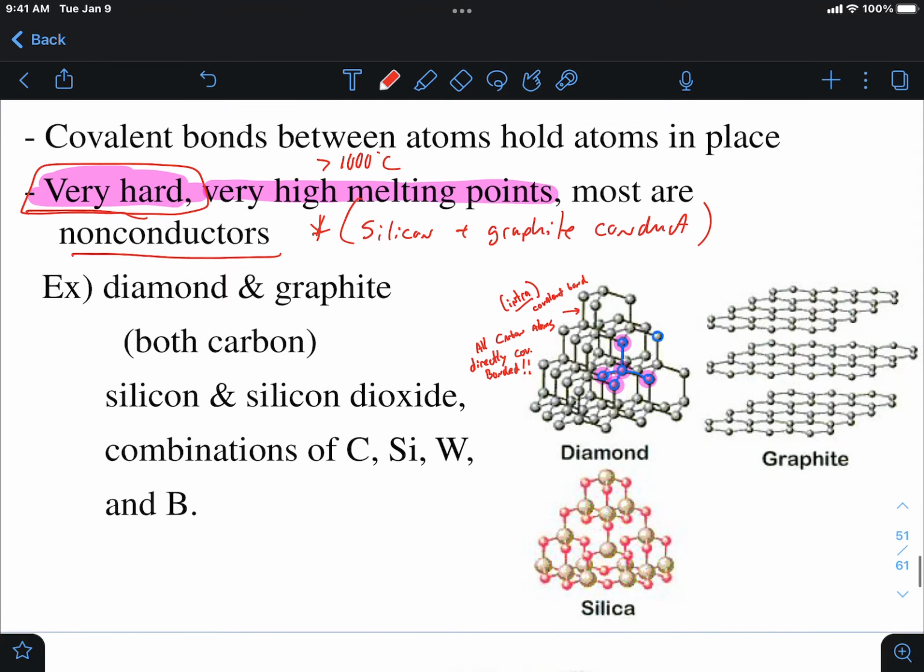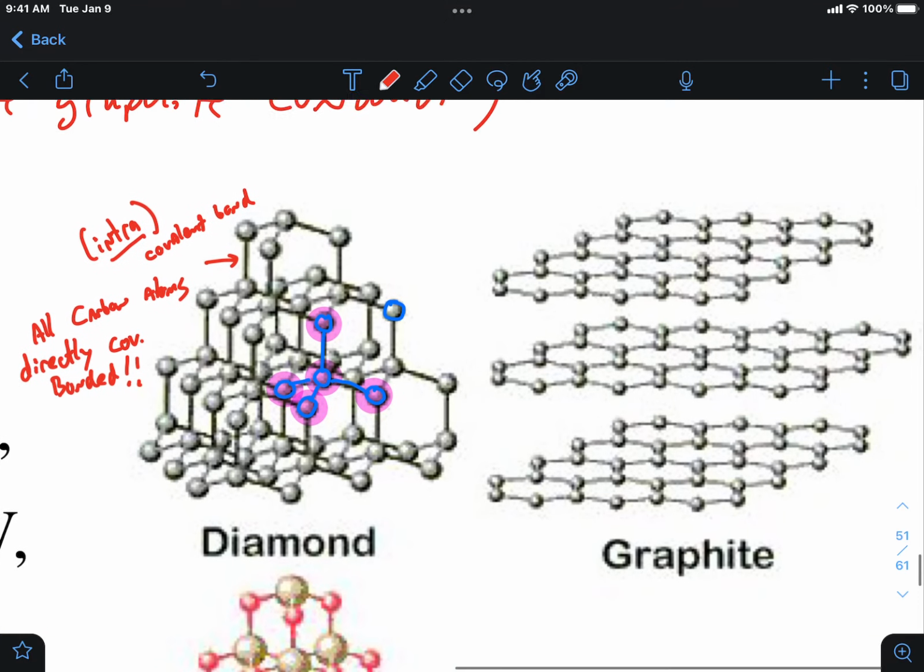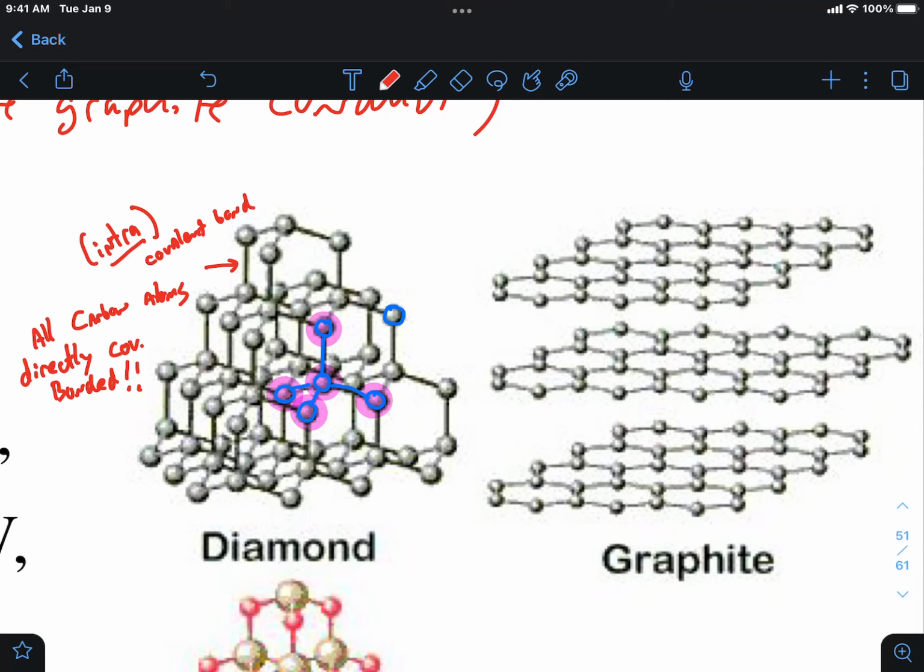So let's talk about graphite then, since we're here on the topic. Take a look at that picture. In graphite, if you look at it from the top down, do you see how these carbon atoms are bonded, but each carbon atom does not have 4 bonds? How many does each carbon have? 3. Okay, well, 3 is less than 4. And when something makes 3 bonds, it's planar. It's flat.